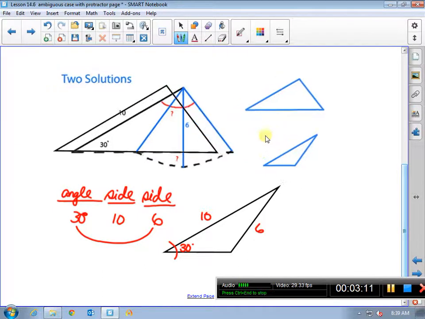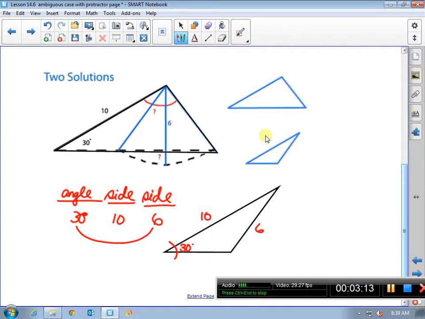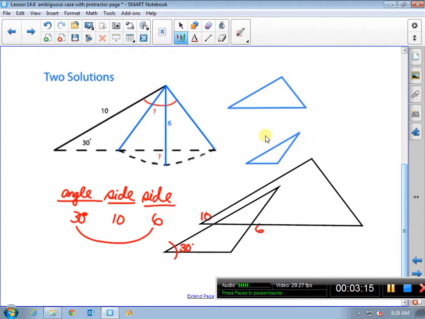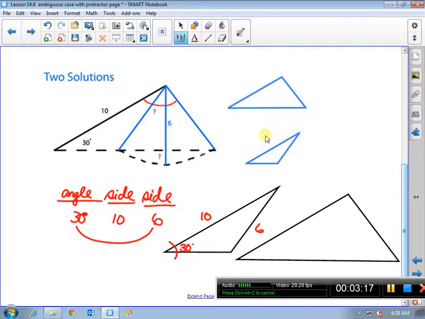I'm going to pull that triangle out. Whoops, not the whole thing. So we can just grab that. There it is. This triangle almost doesn't fit. It also has 30 degrees here, 10 here, and 6 over here. So we would never say that these two triangles are congruent, and that's why angle-side-side is the ambiguous case. We just don't know.